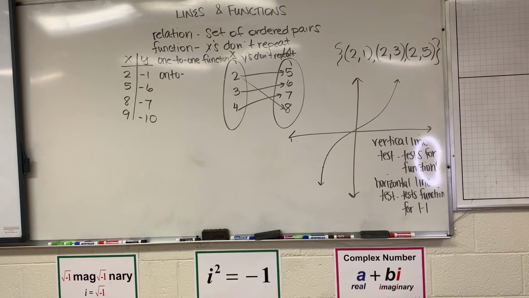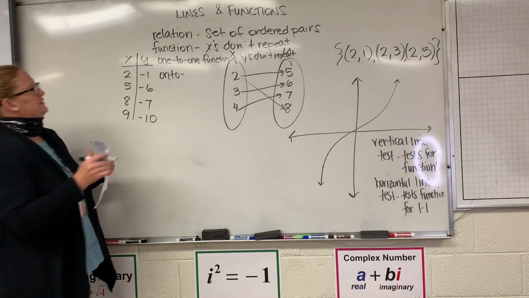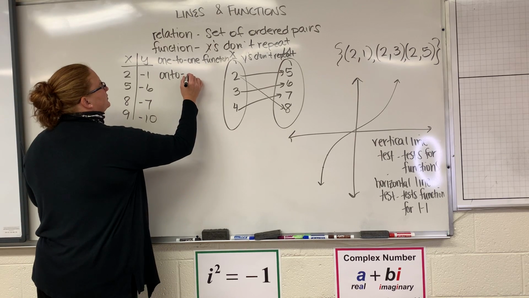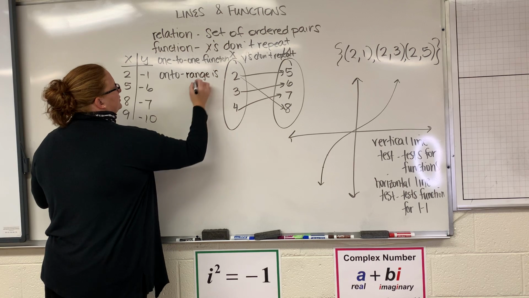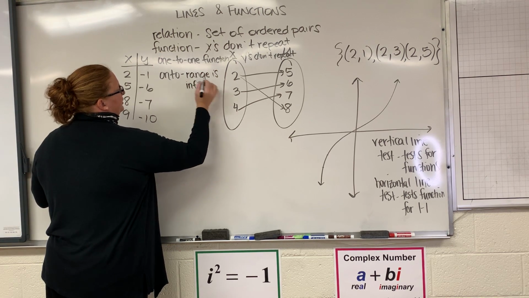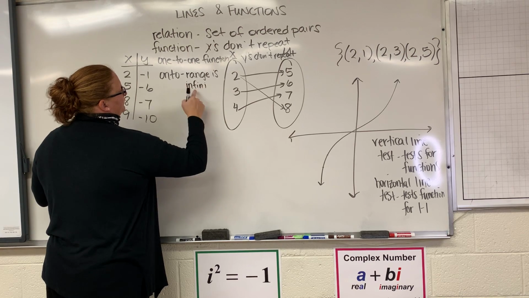And then after you say, is it one-to-one and onto, or one-to-one and not onto? What it means is the range goes from negative infinity to infinity. Infinite.